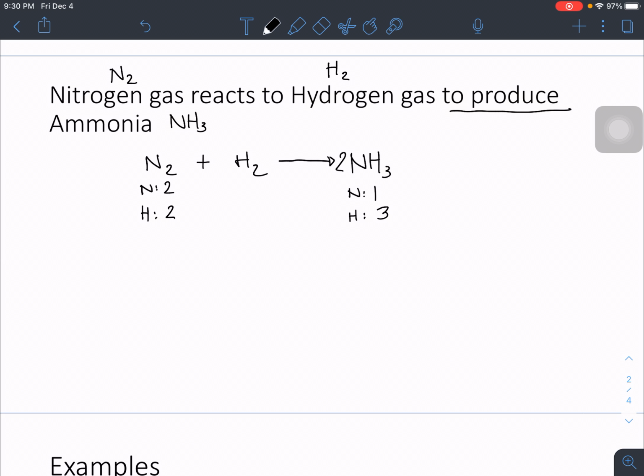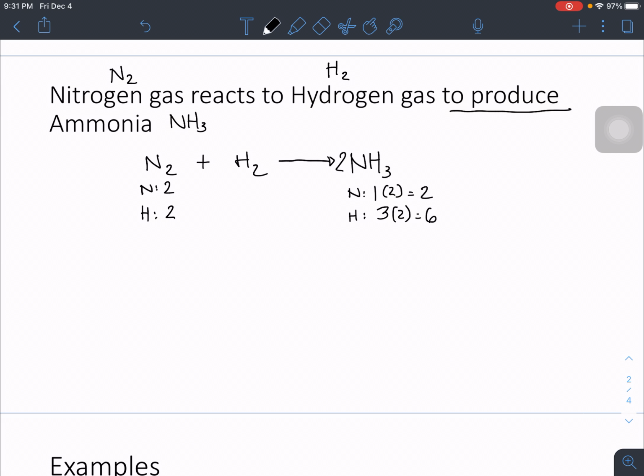So 1 times 2 will be 2. 3 times 2 will be 6. So we now have balanced nitrogen. We have 2 nitrogen on each side. However, hydrogen is not balanced. We have 2 on the reactant side and 6 on the product side.